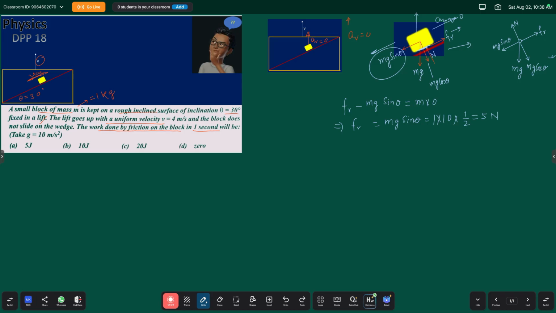To know the work done by the friction force, we must have the displacement along the friction force.